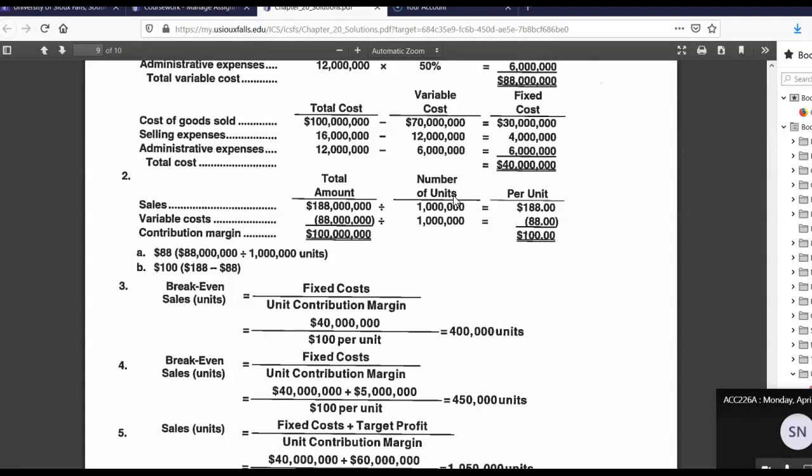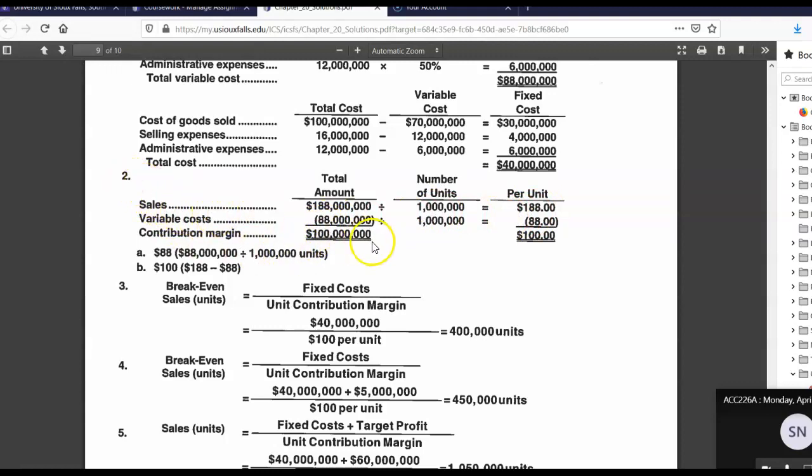If you take that 188 million of sales and divide by 1 million, of course, that's still going to be our 188. And that's what it says in the book too. It's going to be $188 per unit.